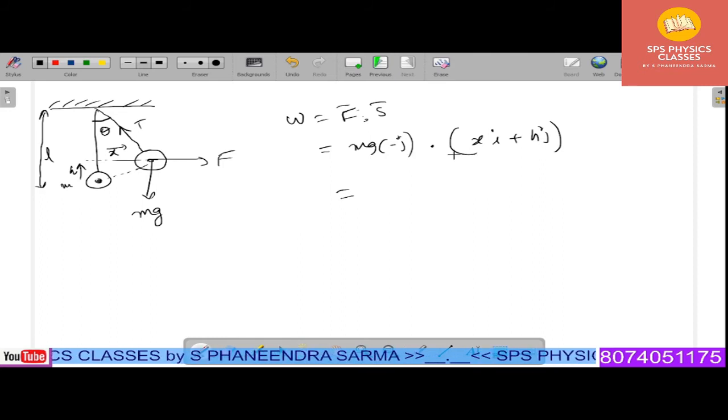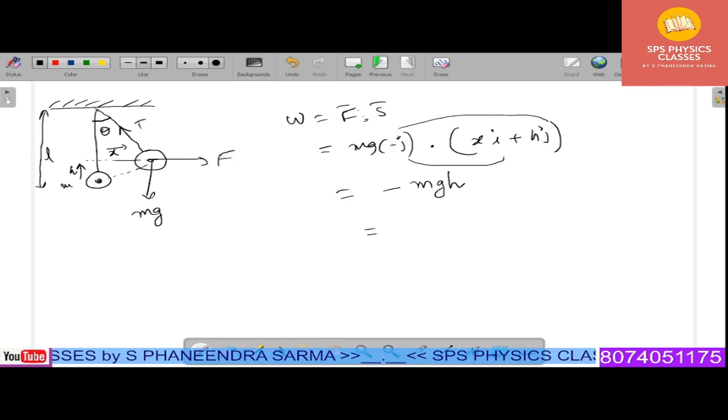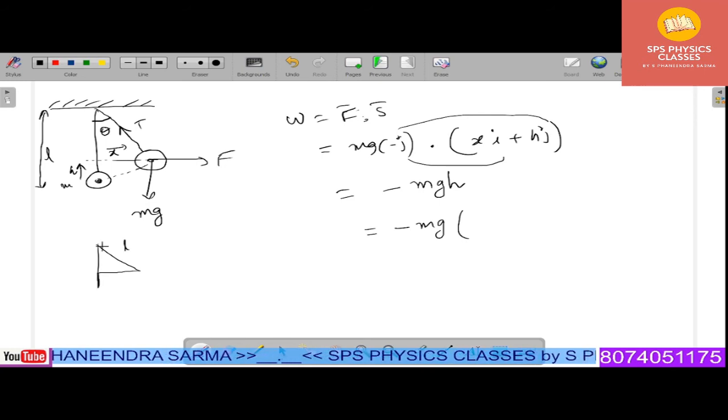That means we can write simply minus mgh, because j dot i becomes 0. Remember kids, j dot i becomes 0 and j dot j is 1. The minus sign is there, therefore I am using it as it is. So minus mg into, we need to compute the value of h. So how to find h? When you prepare a triangle like this, actually this is L. This portion, if the angle is theta, is L cos theta, and this portion is L sin theta.